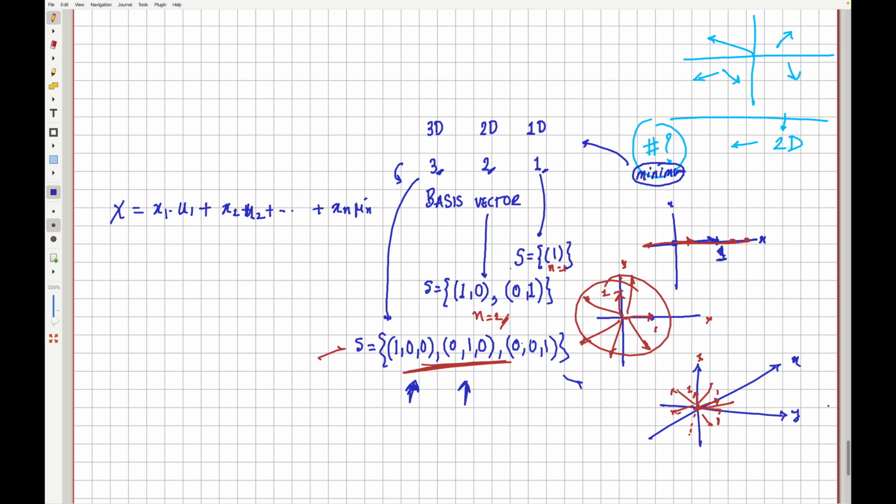If we have a 2D case, then we just have u1 and u2.